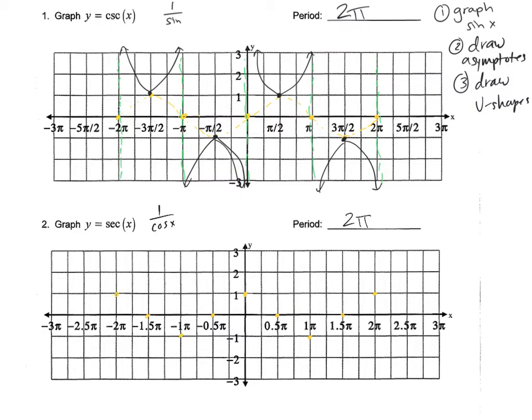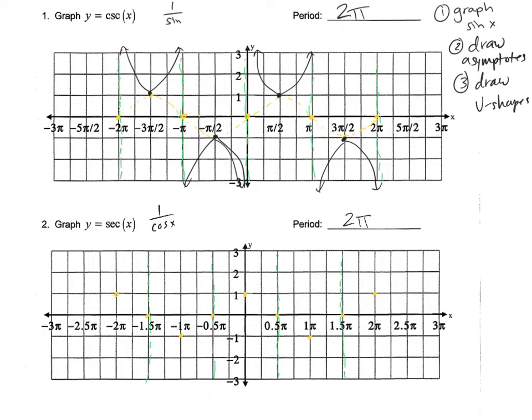Now we're going to use those to draw our asymptotes. Every time the cosine of x was 0, we're going to get a vertical asymptote, because now it is my secant that is undefined there. Now I can draw my U-shapes.